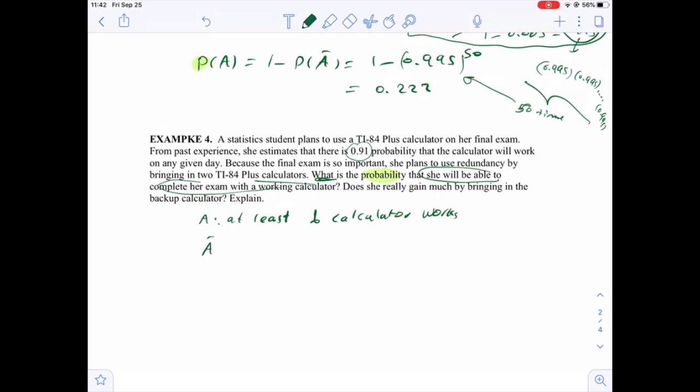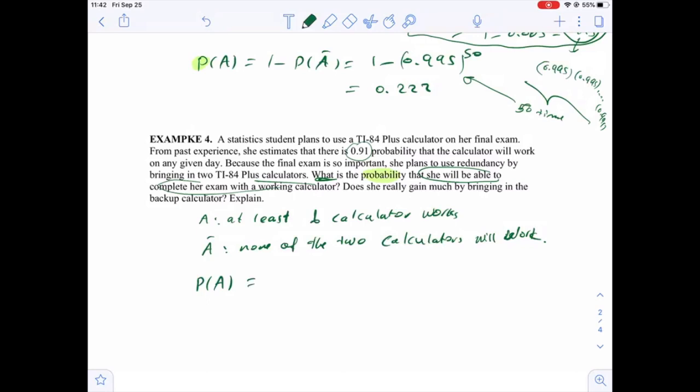Now, what is the complement? None of the 2 calculators will work. Okay, so we define the event and its complement, and then we find the probability of A, that at least one of them will work.